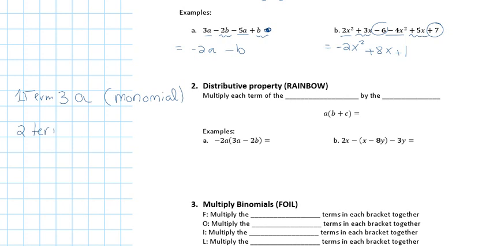If I have two terms added together, as long as these two terms are not like terms, right? So if I have, let's say, 2a plus 3b, right? These two terms are not like terms, so I can't add them. That means I have two terms here. This becomes a binomial because it's two terms. So we call it binomial.